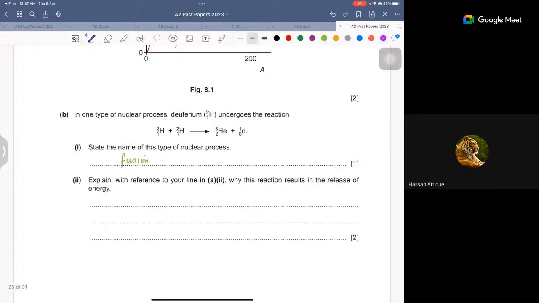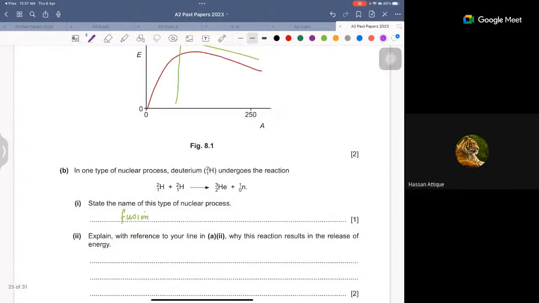And explain with reference to the line why this reaction results in release of energy. Here you might see that they have smaller masses, which belong to this section.